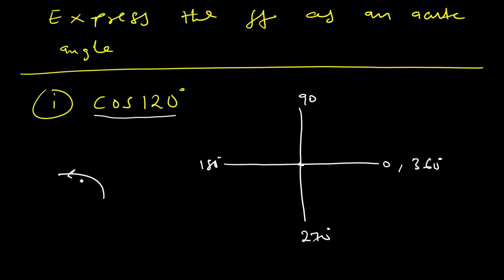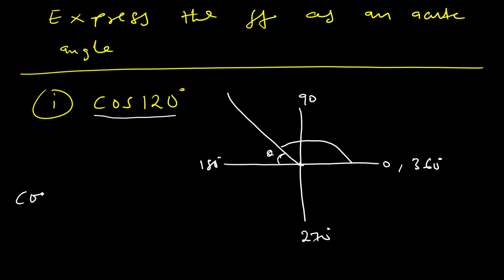So we start from here, then we move and measure 120. Since from this side to this side is 180, 120 will fall here. We need to measure this angle here. This angle will be the acute angle for cos 120.